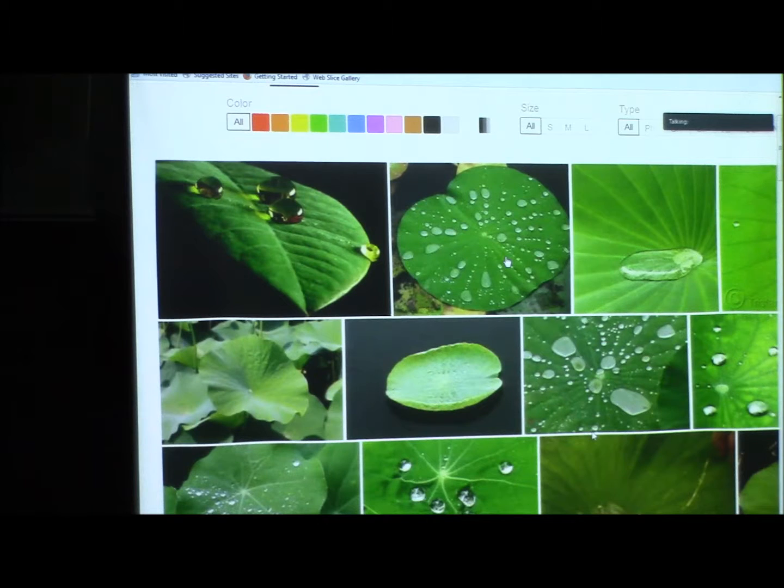Because their area is so big that they accumulate a lot of dust, so then they cannot get as much sunlight as they would otherwise, right? So when it rains, the water droplets just roll off the leaf, and they take all the dust particles. It's a self-cleaning plant, which is very cool.